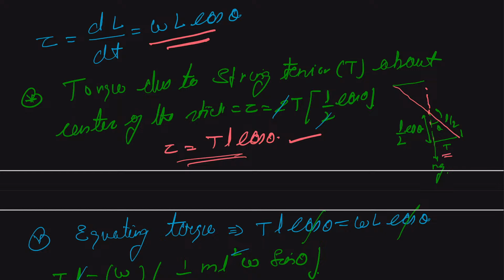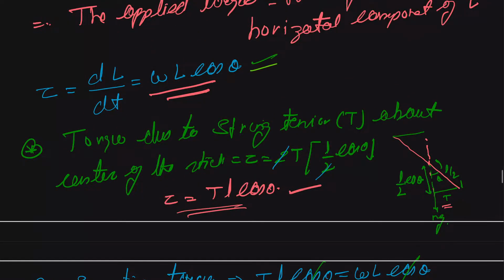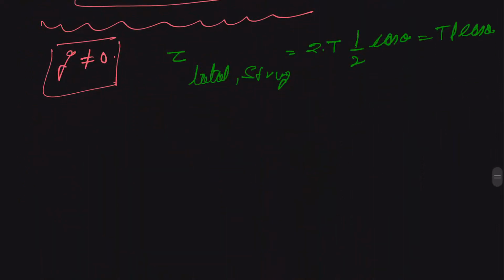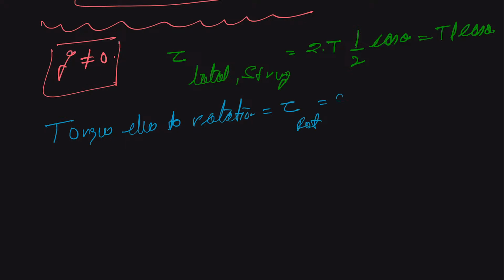Here we can just substitute value of our L. So we can say our torque due to rotation, let us call this tau rotation, which is our dL/dt, and which became omega L cos of theta.